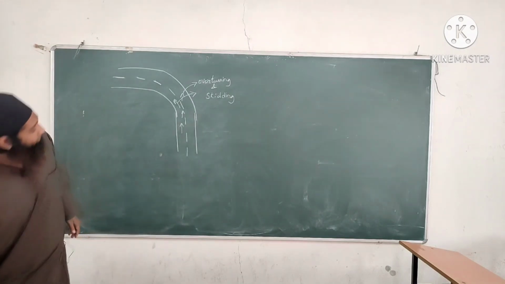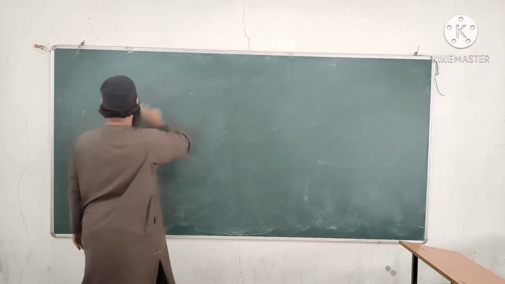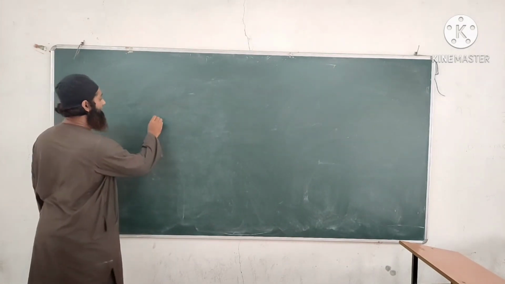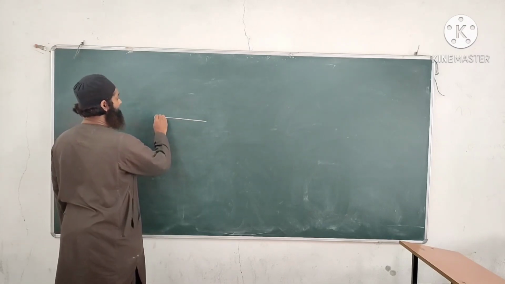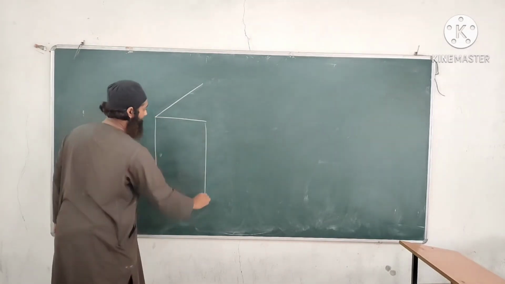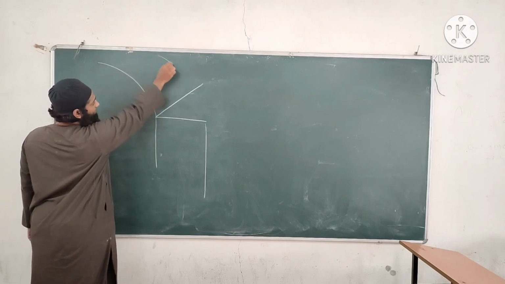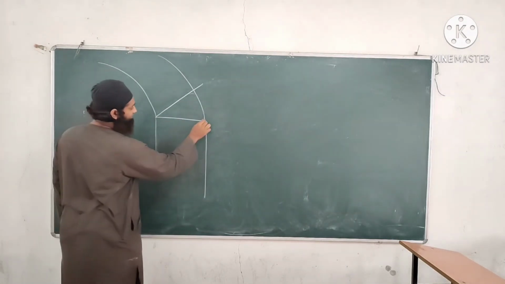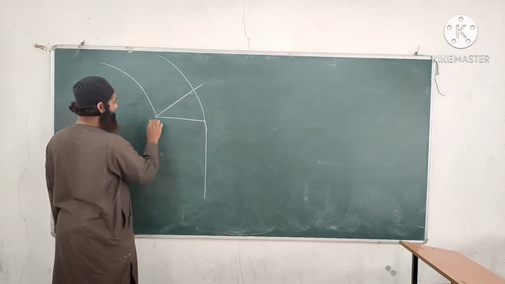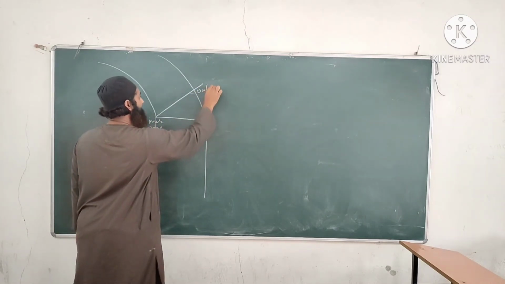Let us check what this super elevation is. In the previous session, I had explained what super elevation is. Basically, let me explain like this: this is the curve, this is your bottom line, the inner edge, and this is your outer edge.